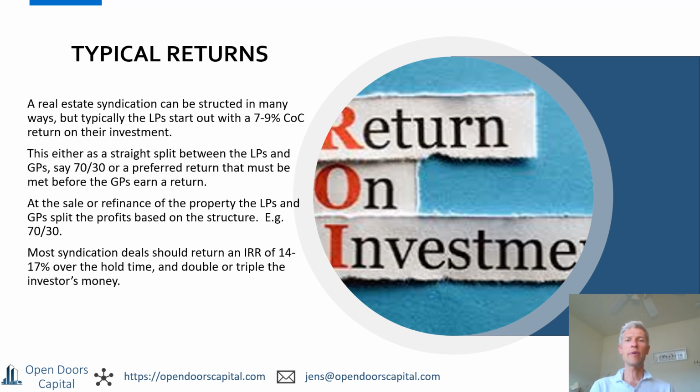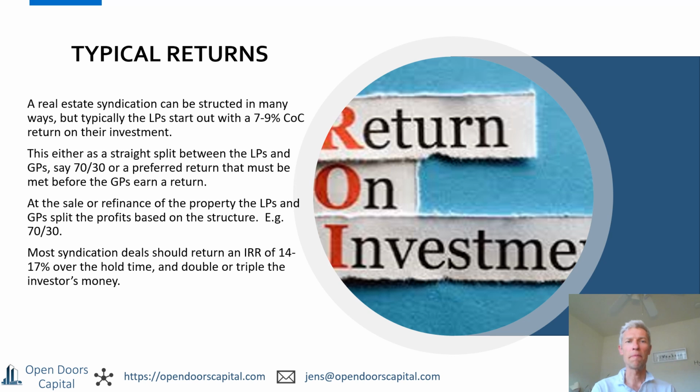The typical return on an investment obviously varies depending on where the deal is and what type of setup it has. But typically an LP starts out with a 7 to 9% cash-on-cash return on the investment. So if you invest $100,000, the first year you may see anywhere from $7,000 to $9,000 or $10,000.